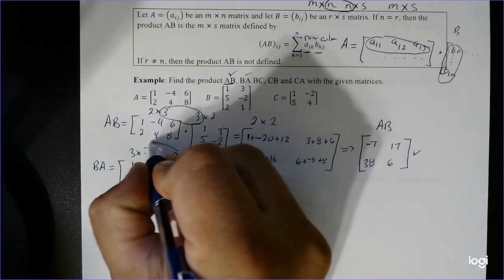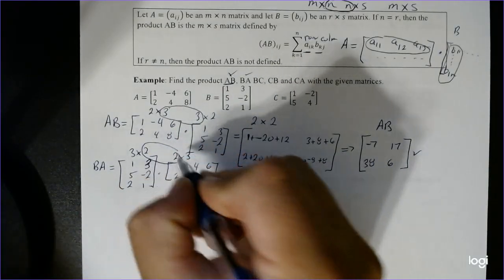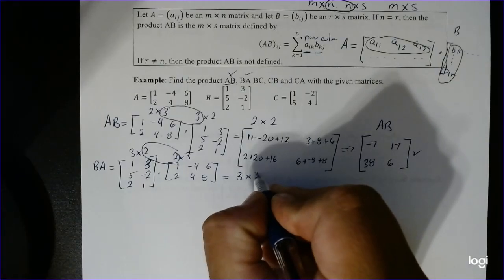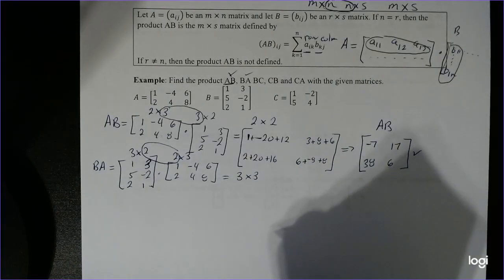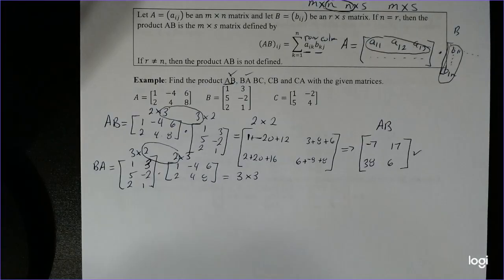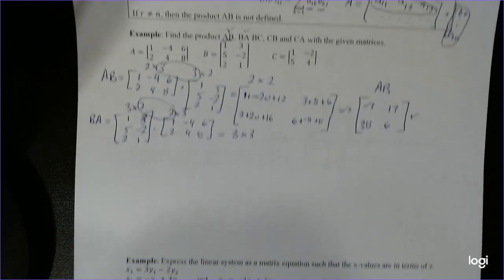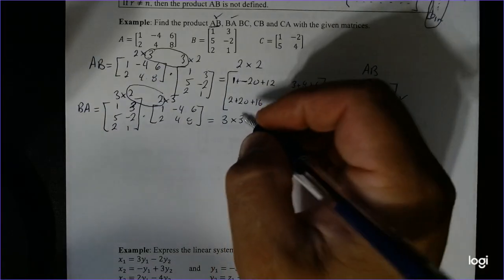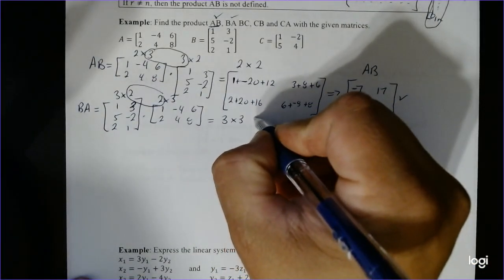So it works because the 2's cross. So my result is going to be a big 3 by 3 matrix. Okay, all right. Okay, let's see what we get.